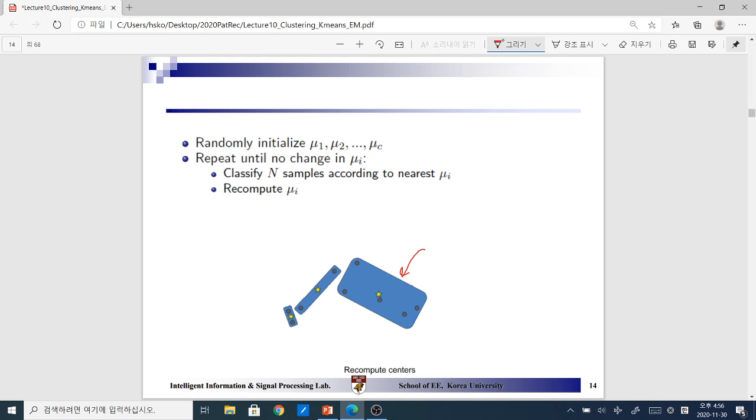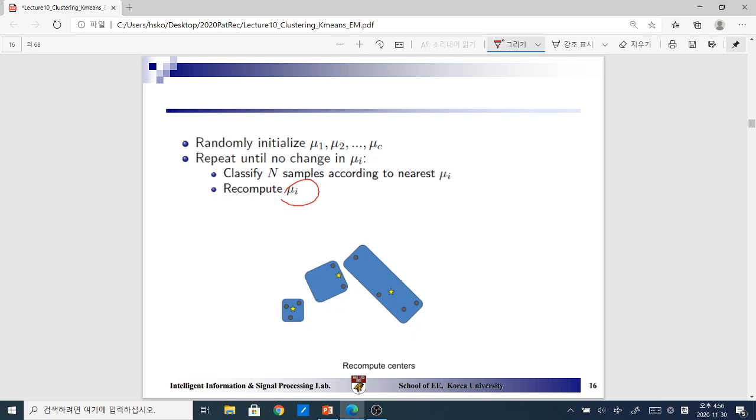So here, for example, among those samples that used to belong to the centroid being here, now we recomputed the new centroid being right here, and similarly, new centroids being here and here. So this process goes on and on until once again the centroid doesn't change anymore.